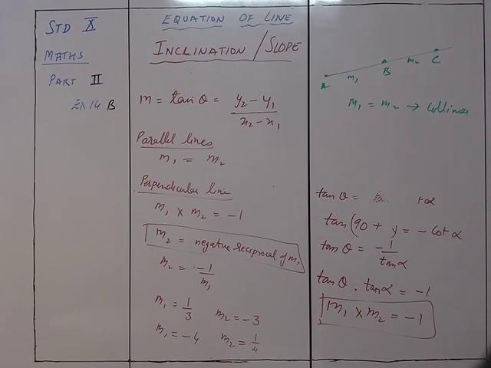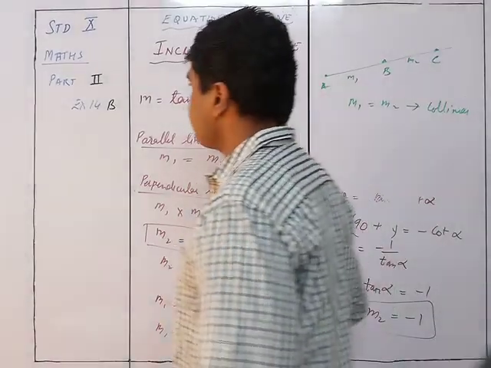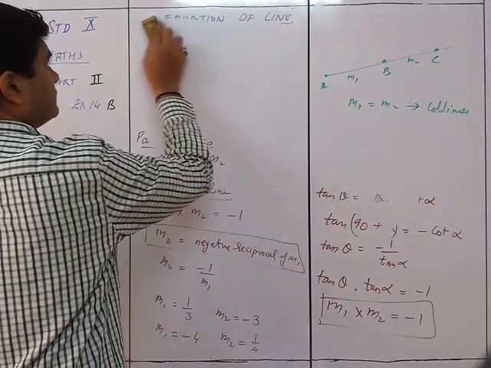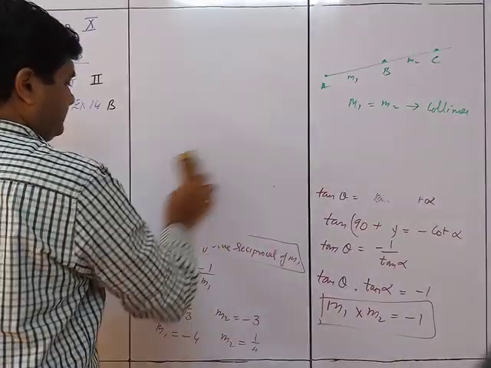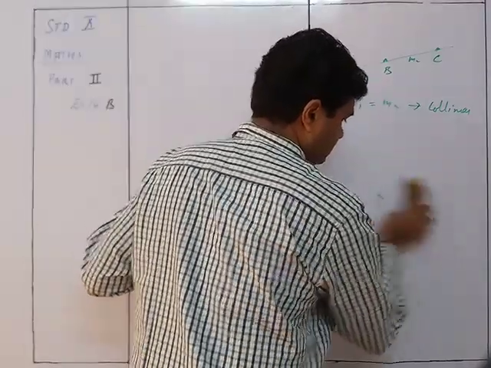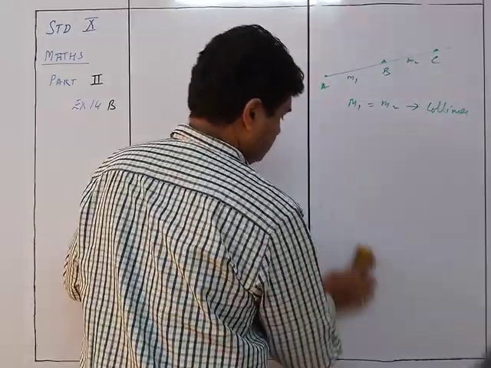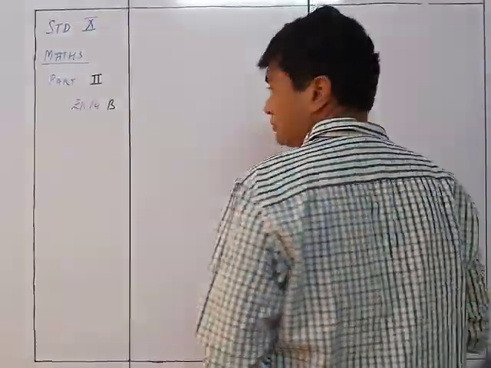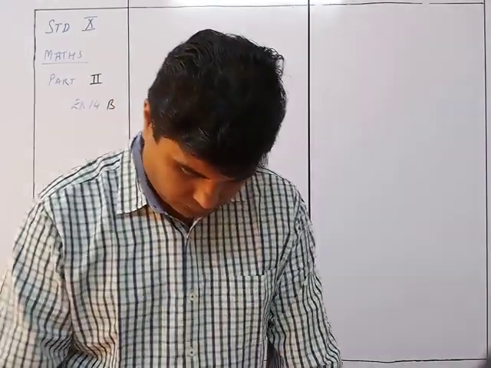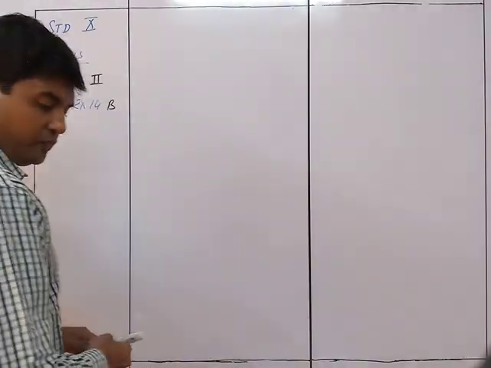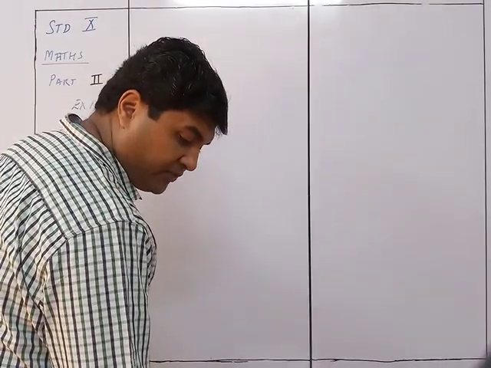We now move on to exercise 14b. First, we do the alternate sums of 1, 2, 3, 4, 5.